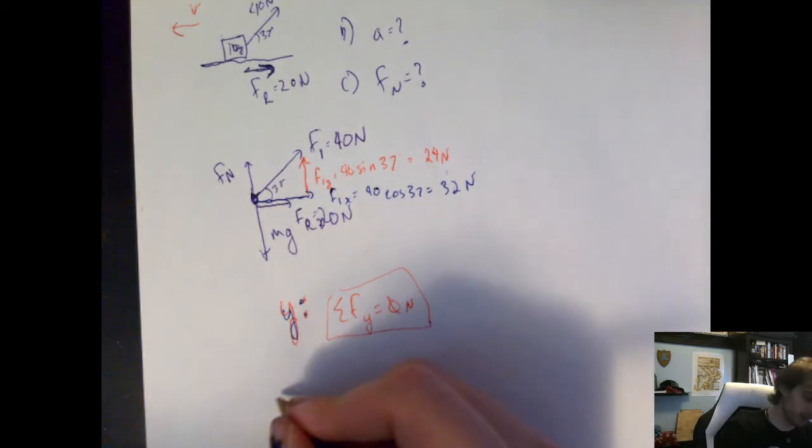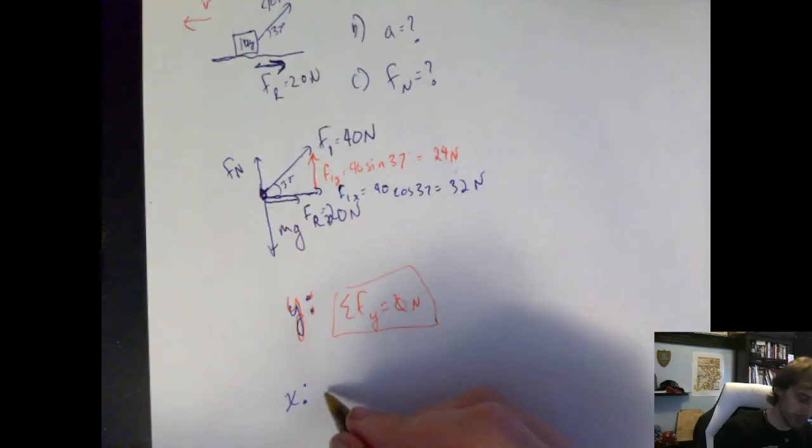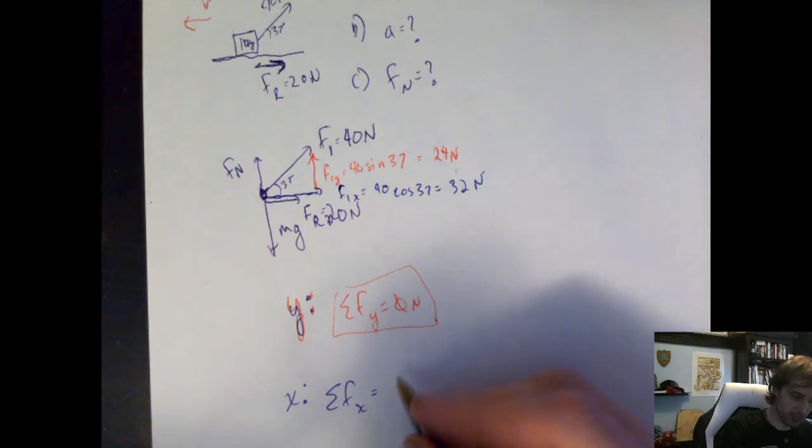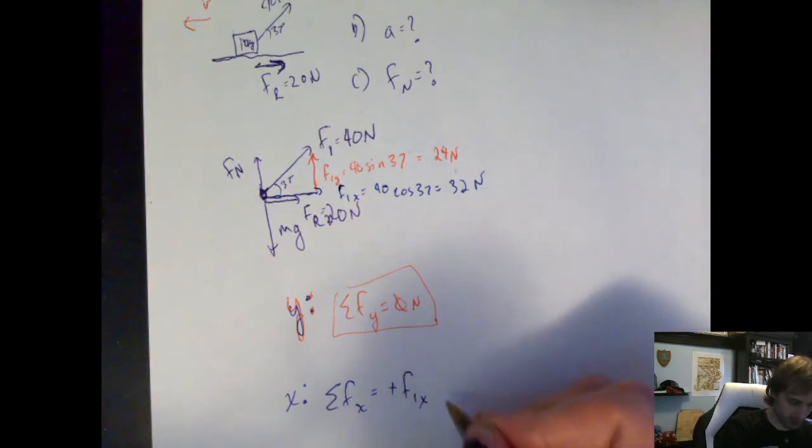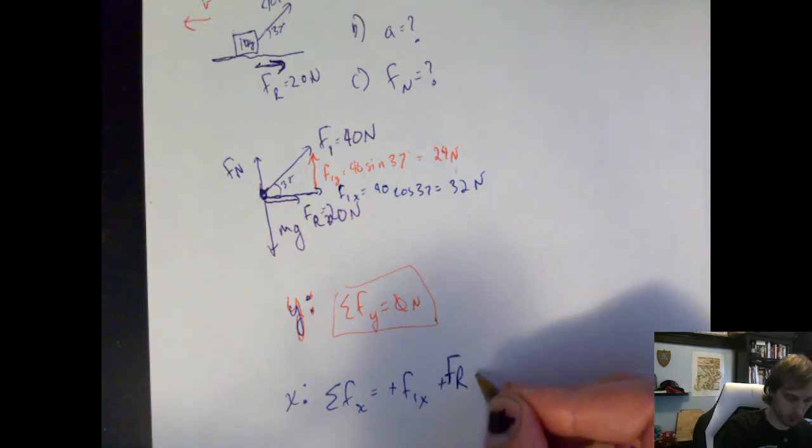The x direction is going to be a little more complicated. In the x direction, my net force is going to be the sum of all my forces in the x direction. Well, I've got that 32 newton force from F1x going to the right, and I've got that resistive force going to the right as well.